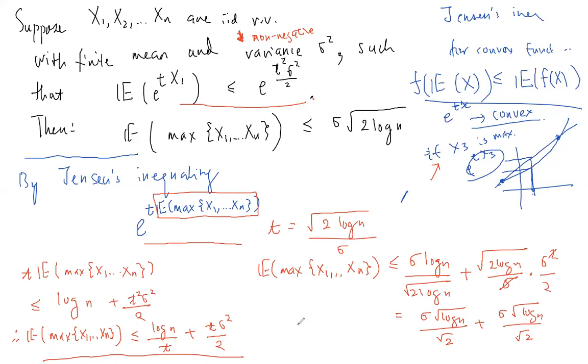You add both of them, you get twice sigma square root of log n over square root of 2, which is sigma square root of 2 log n.